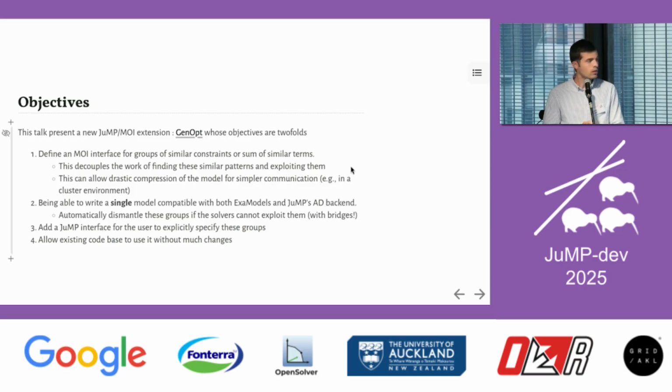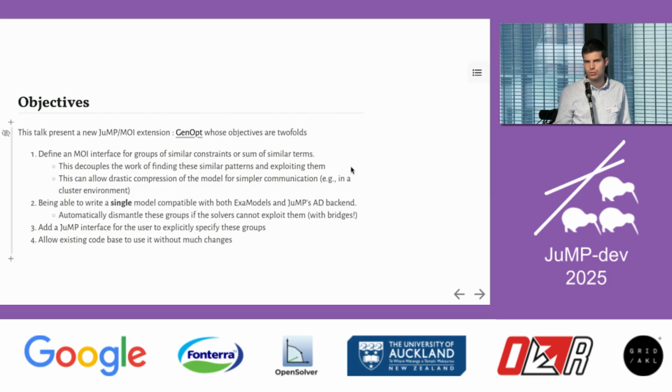And the goal was as follows. First, I wanted to create an MOI interface for the kind of structure that ExaModels wants. Basically, if you have maybe a million constraints, but they are all the same, with just some parameters changing, you want to say, well, it's this constraint template, and then you have these parameters, and they take these million different values.